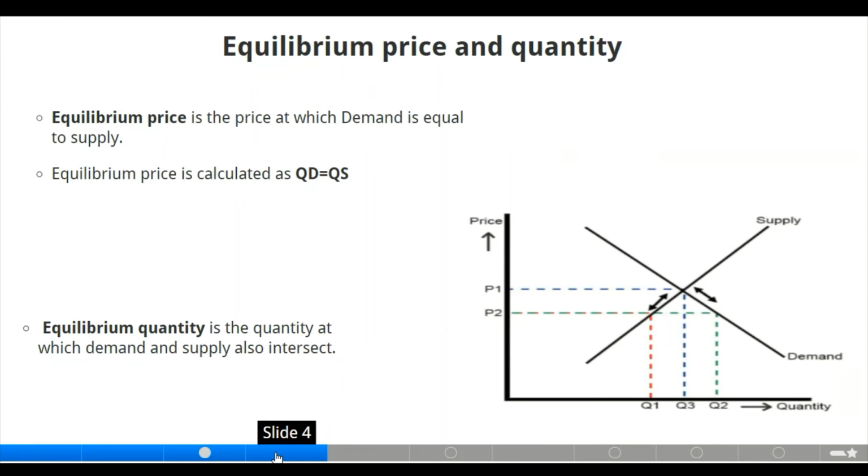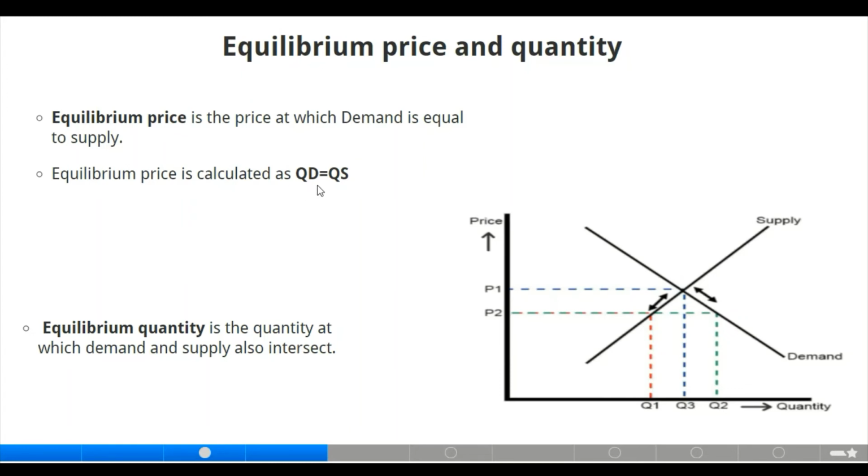Now moving to the next slide, where we have the equilibrium price and quantity. According to the activity, equilibrium price is the price at which demand is equal to supply. As it is repeated here, we have the market equilibrium. Our market equilibrium price is the price at which demand and supply are equal.